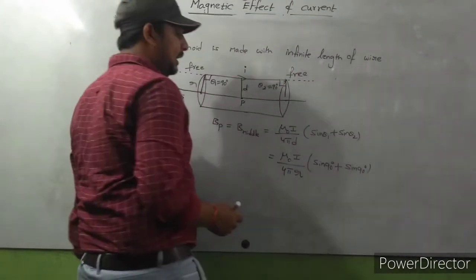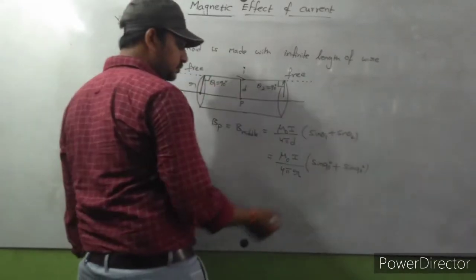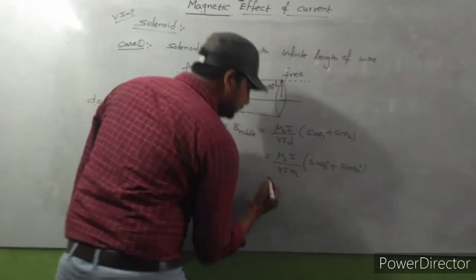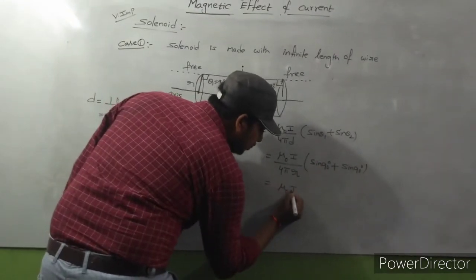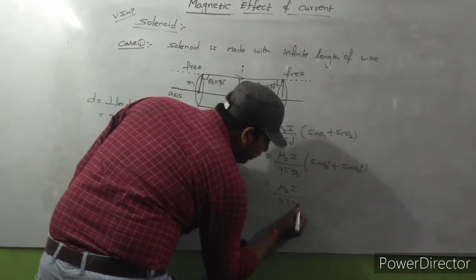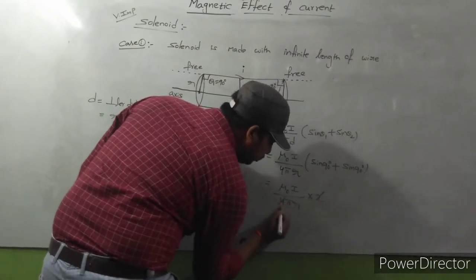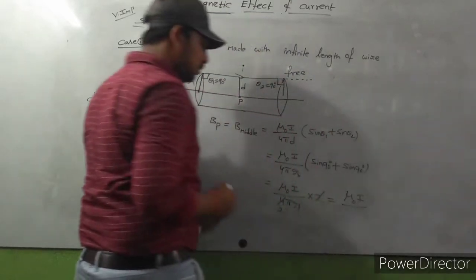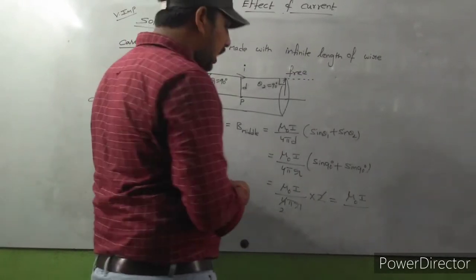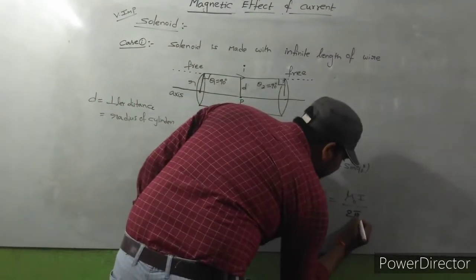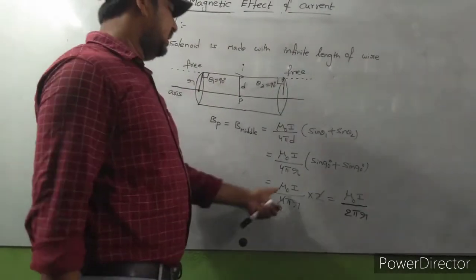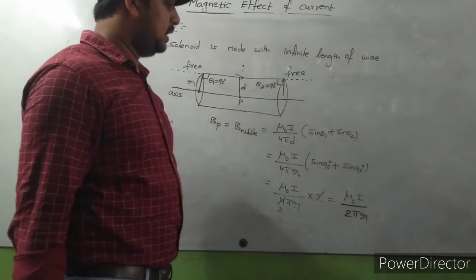Sin 90 plus sin 90 means 2. So mu naught I by 4 pi R into 2, and finally we will get mu naught I by 2 pi R.